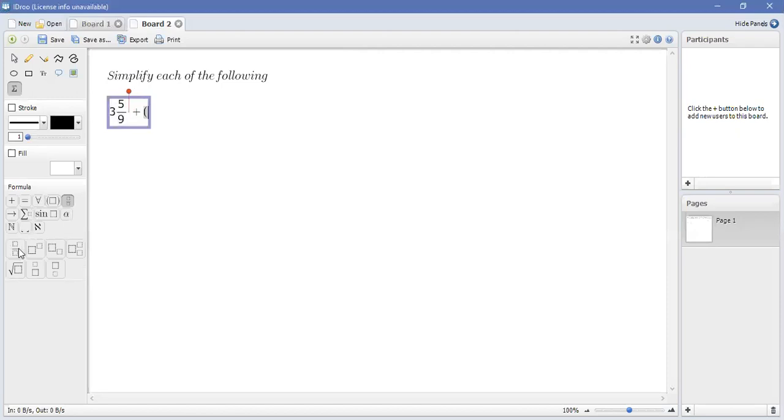Alright, supposed to have a bracket, but the stretches bracket now works for me.